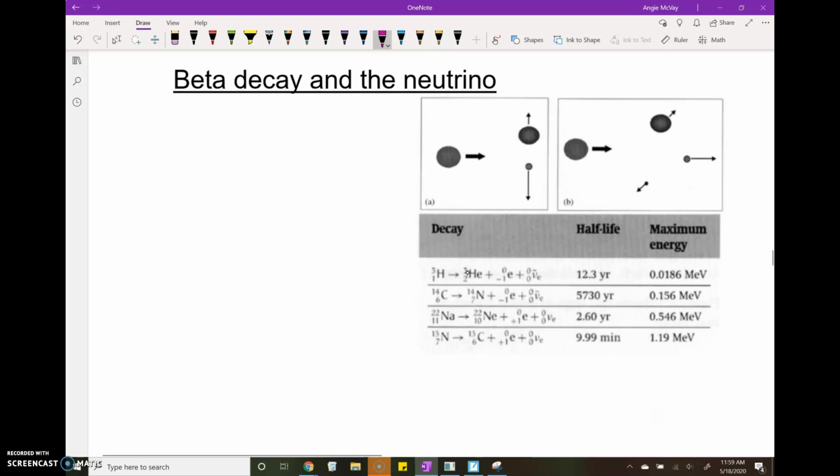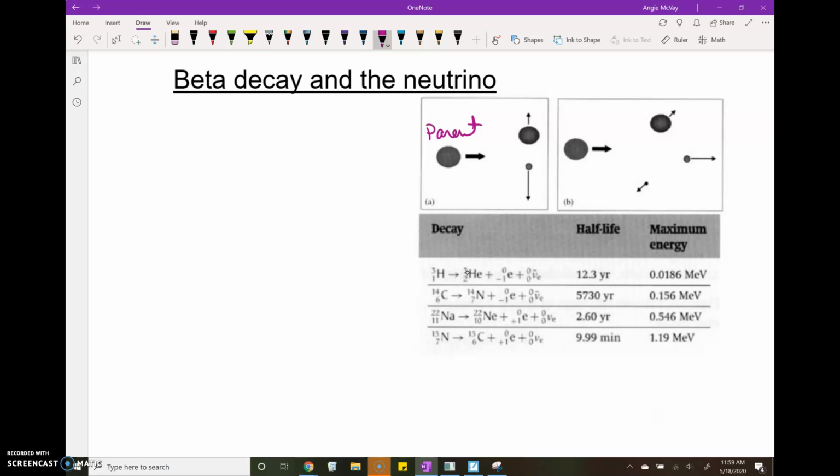All right, so here's a little bit more information about that neutrino. Remember, the law of conservation of momentum says that the total momentum before and after a collision or an explosion has to be consistent. So if you've got a parent nucleus, and this isn't a momentum vector, we're just going from this parent nucleus to the products.